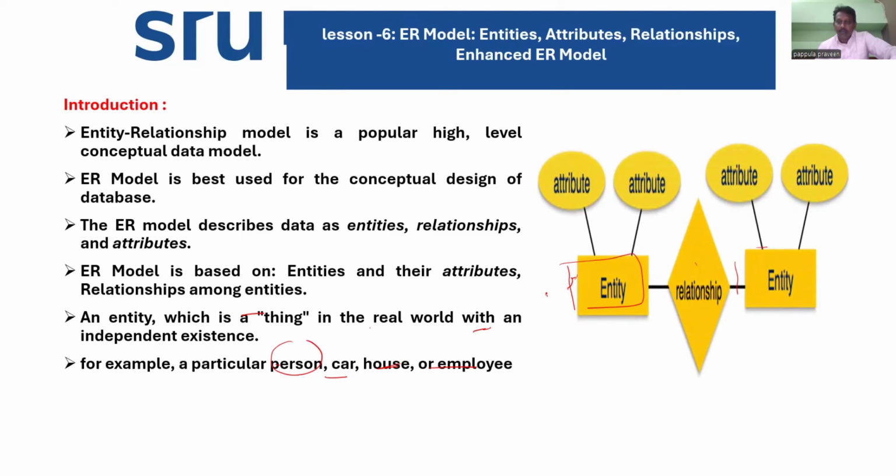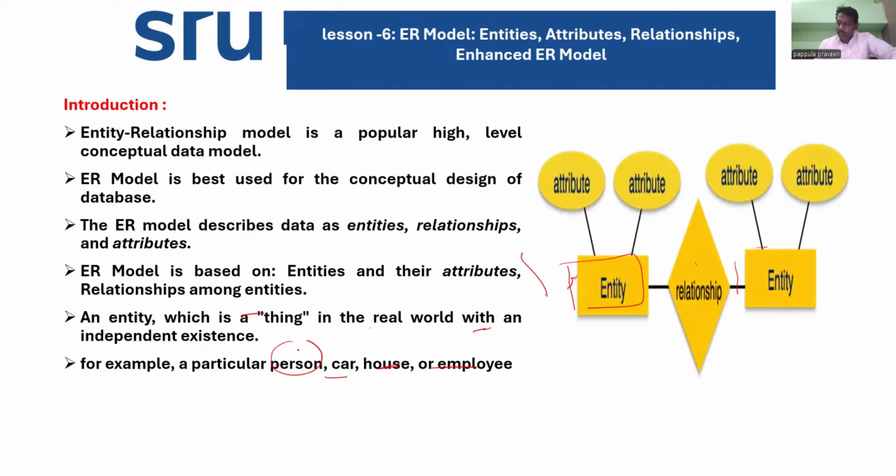An attribute is nothing but a property of the entity. This entity contains attribute 1, attribute 2, up to attribute n. The second entity also contains attribute 1 to attribute n.